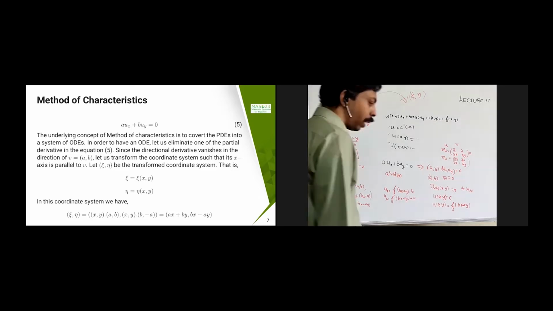If you take any point in x, y, okay, this is the xy coordinate system, then that can be translated into chi, eta using this transformation. You can take a dot product with them, and that automatically gives it. Therefore chi is going to be ax plus by and eta is going to be bx minus ay.